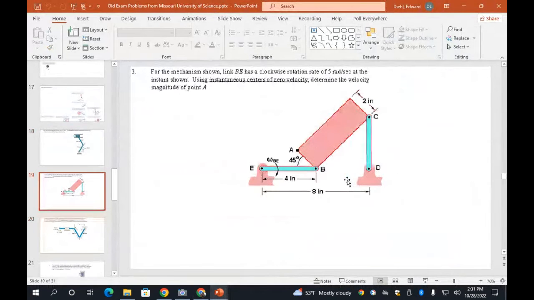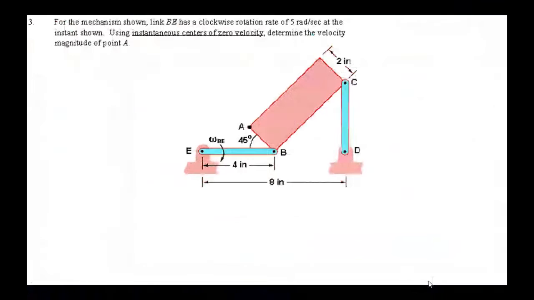Let's do some more though. These are pretty straightforward here. Here's a 4-bar. And they said use the instantaneous center of rotation for this, but that might be a little easy, maybe. Yeah, I think that might be a little too easy.